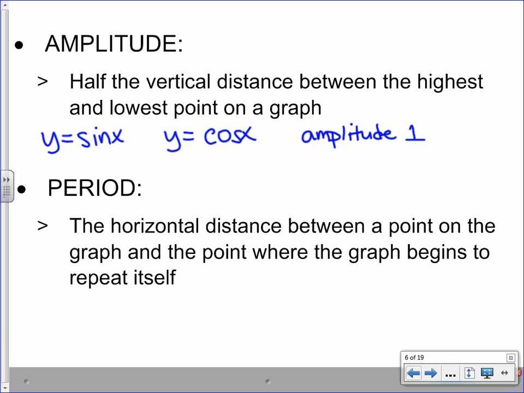The period is the horizontal distance between a point on the graph and the next point where the graph begins to repeat itself.